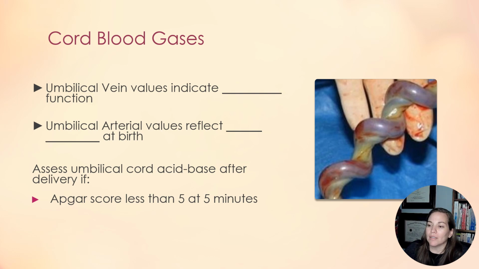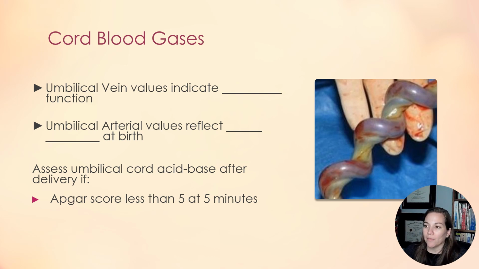Then this note: assess the umbilical cord acid base after delivery if the APGAR score is less than 5 at 5 minutes. Our babies can be acidotic if they were stressed in utero, and our fetal heart rate tracing can tell us whether to expect that if we're looking at it and interpreting it, right?